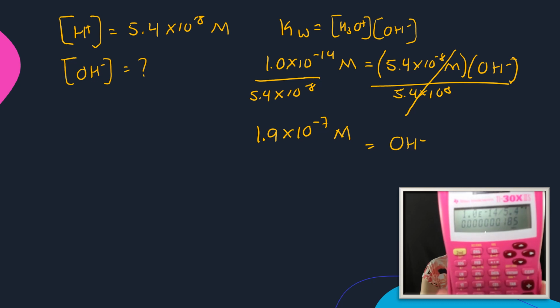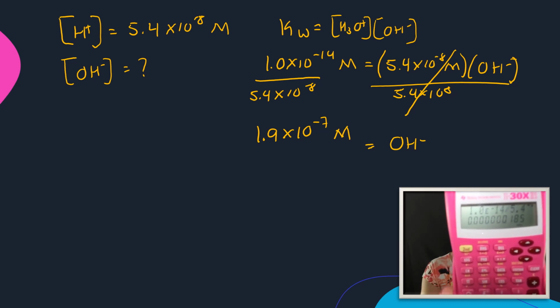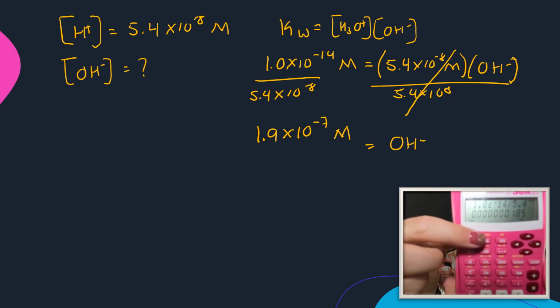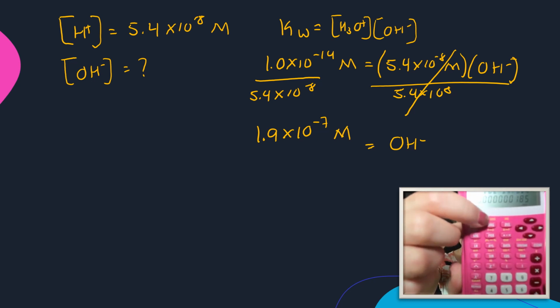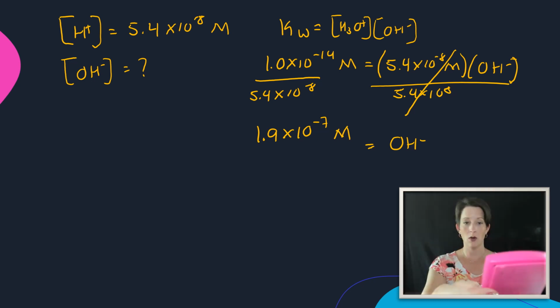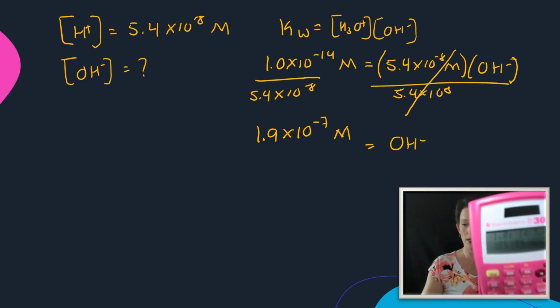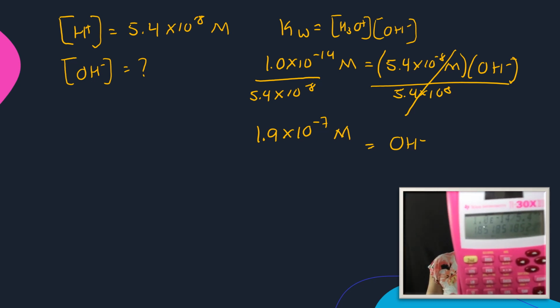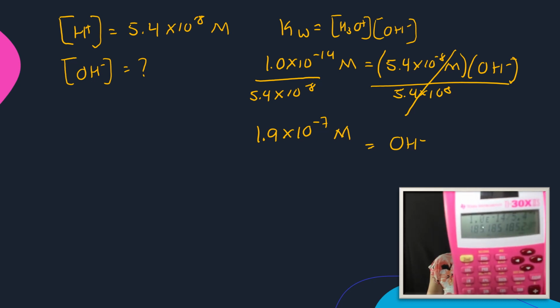Now you can go through and change that into scientific notation, but remember, you can hit the second, and then where it says psi, right here with the DRG, and go over to scientific, and it's going to put it into scientific notation. You want to make sure that you still have the correct number of sig figs as well.